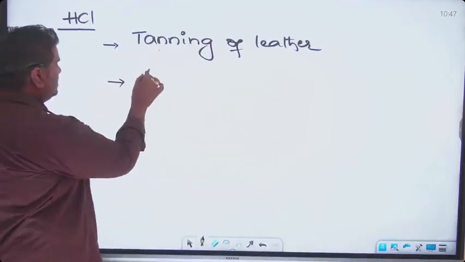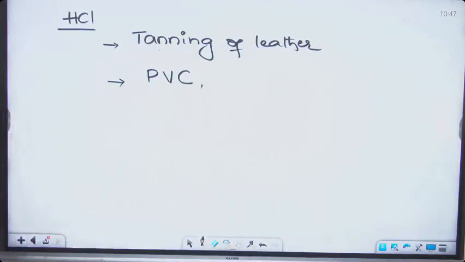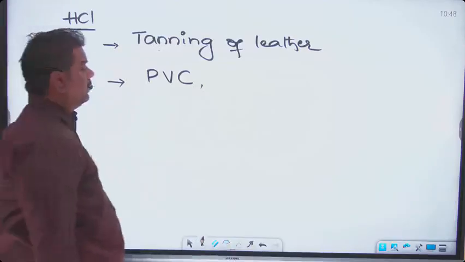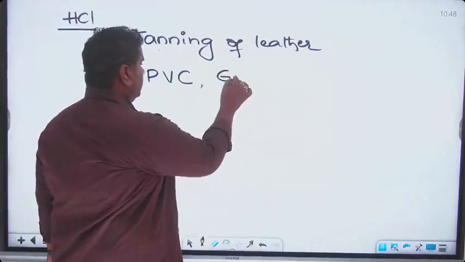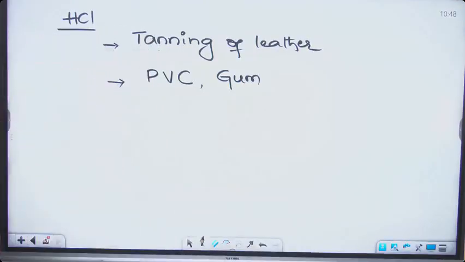It is used in the making of polyvinyl chloride, explosives, fertilizers, and in the making of gum.